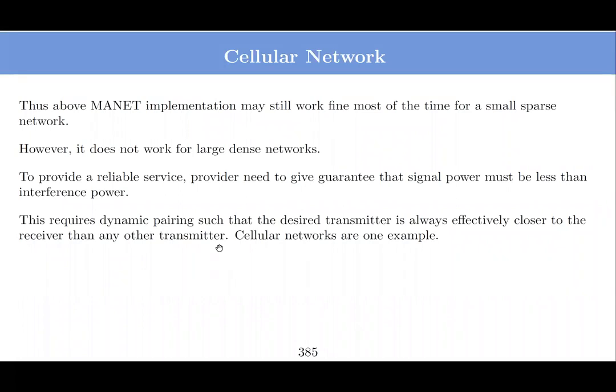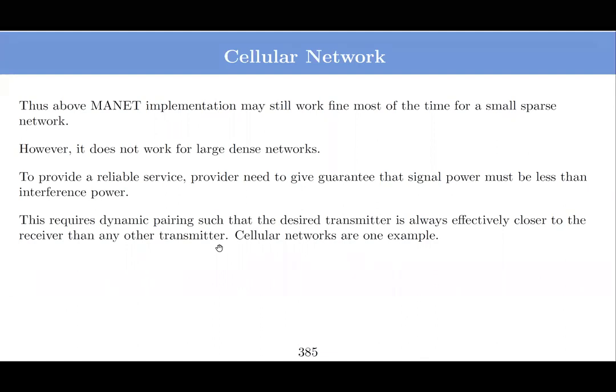So you cannot fix the pair, but you will decide the serving base station on the go, based on the scenario, right? And as the users move, this pairing may change. You may find that there is a new transmitter which is close by, and you want to switch to that new transmitter. So there is a mobility aspect as well.